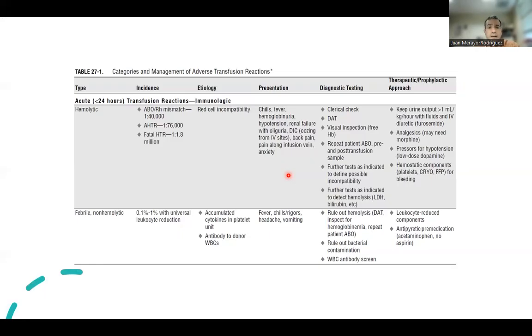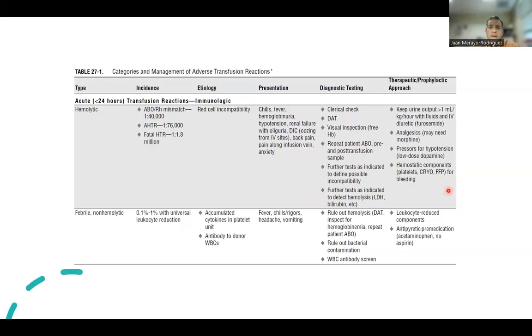that can be shown clinically as oozing from the IV sites, back pain, pain along the infusion vein, and anxiety. For the testing, we need to do the clinical check, DAT, visual inspection to look for free hemoglobin or hemolysis. Repeat the patient ABO in the pre- and post-transfusion samples. Further tests as indicated to define the possible incompatibility, and further tests as indicated to detect hemolysis like LDH or bilirubin.